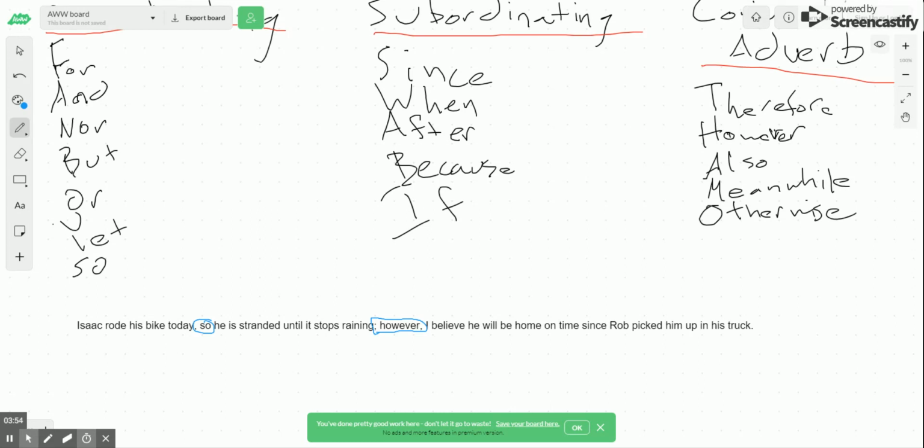Then lastly, we have a subordinating conjunction, since, which divides these two clauses and makes this one, Rob picked him up in his truck, dependent on the other one. If you didn't have the first half of this thought, since Rob picked him up in his truck is just lacking. It is an incomplete sentence. And that's what subordinating conjunctions do.